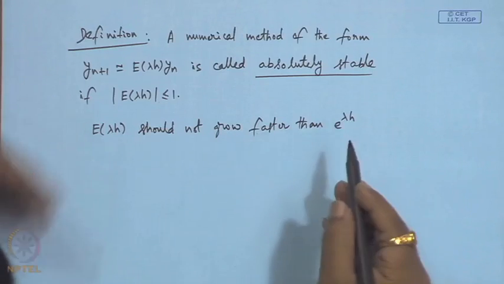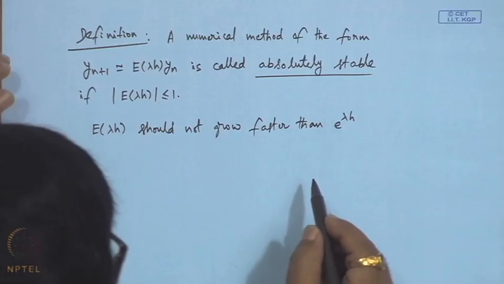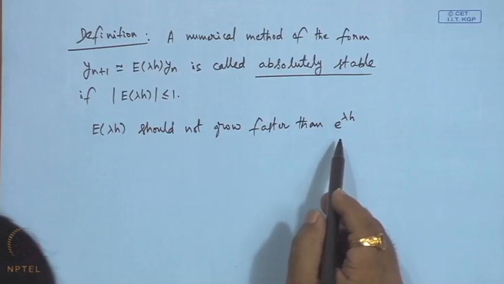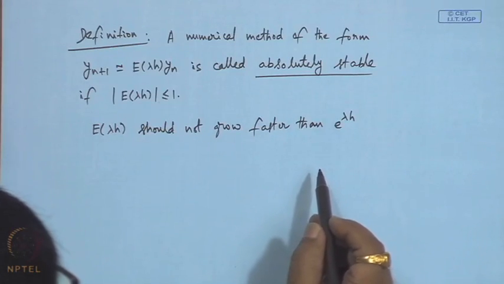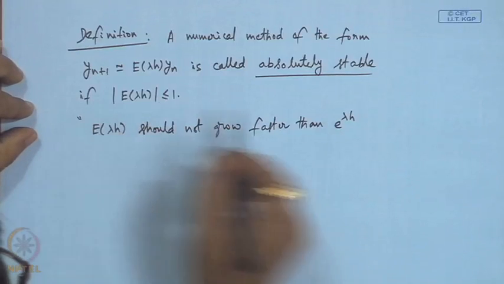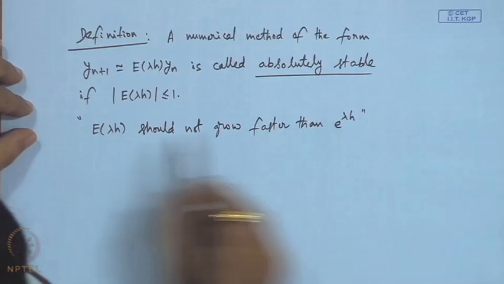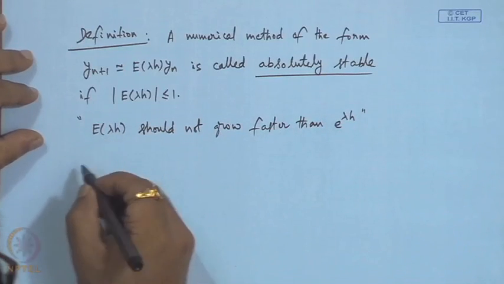Because your approximation is magnifying the error, definitely the method is not stable. Okay. So, the comparison is between this and this approximation. Okay.